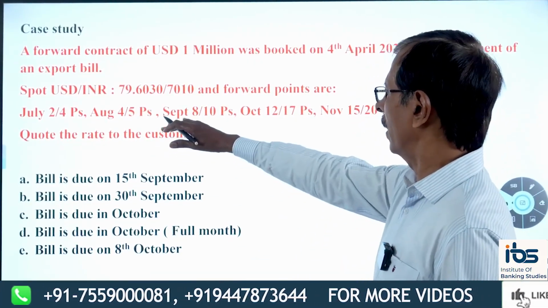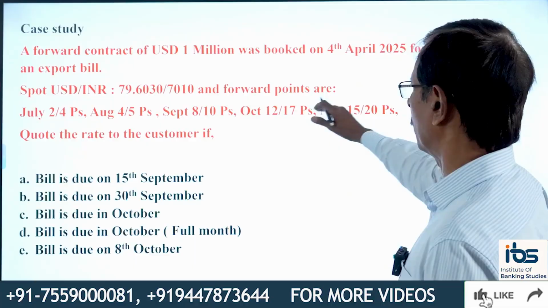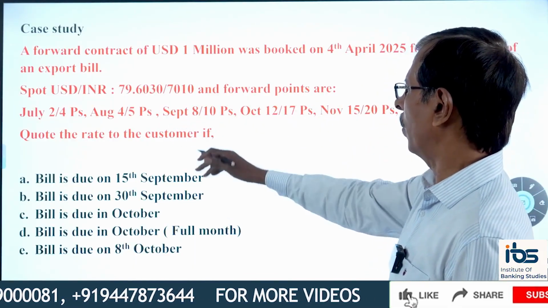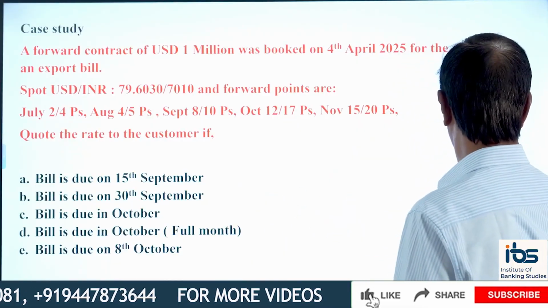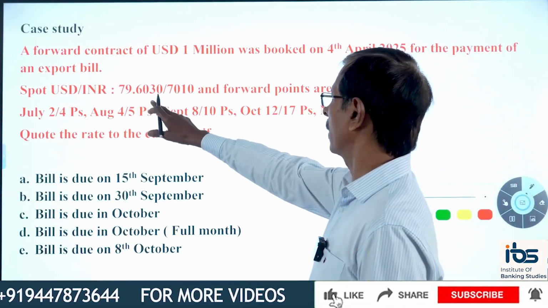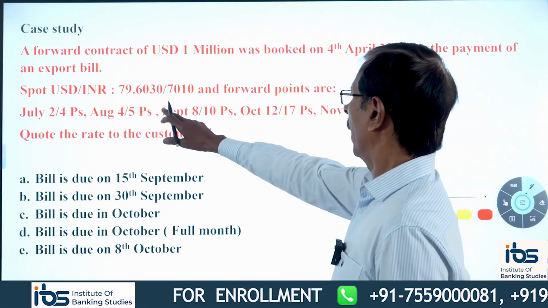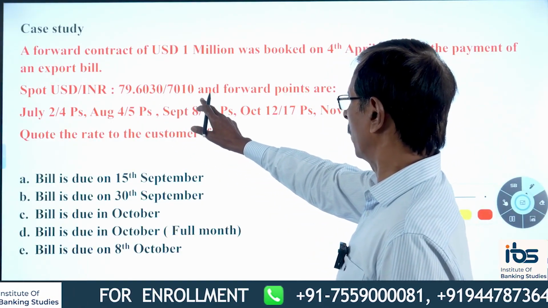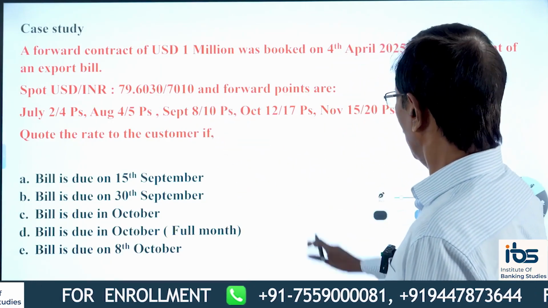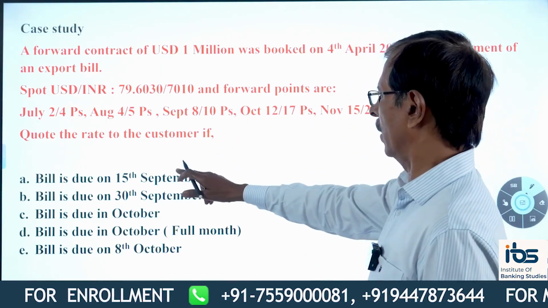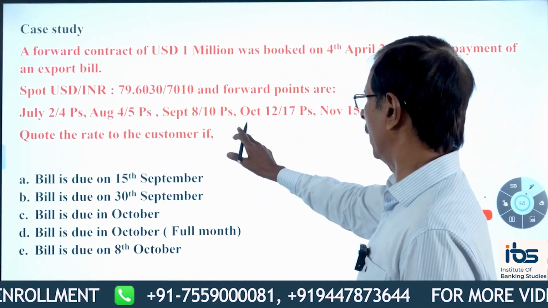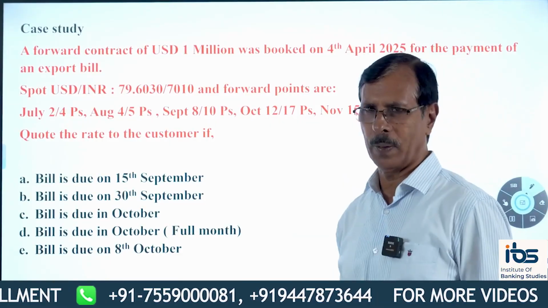It's given that when the contract was booked, the spot rate of the dollar was 79.6030, and that is the buying rate, and 79.7010 is the selling rate. The forward points are also given: July 2-4 paise, August 4-5 paise, September 8-10, and October and November are also given.